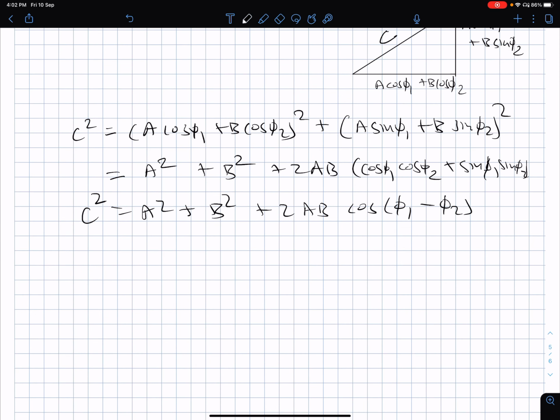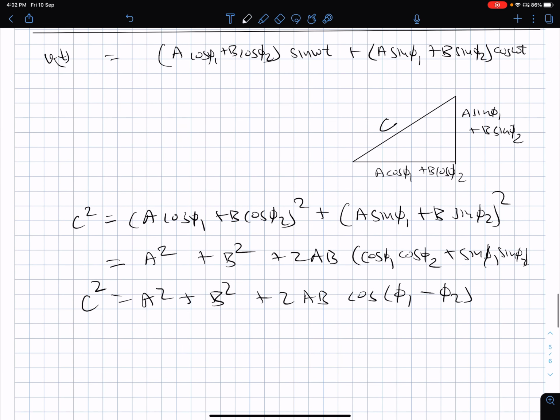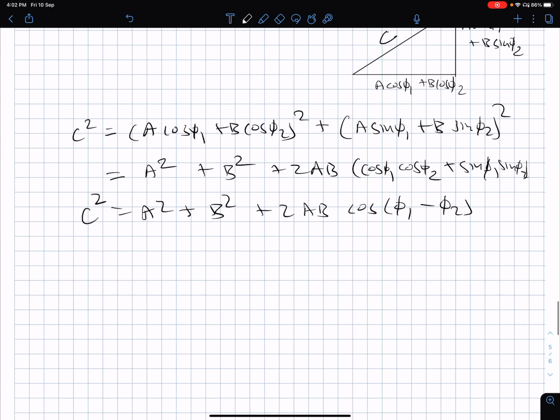So it's basically just the parallelogram law, right?